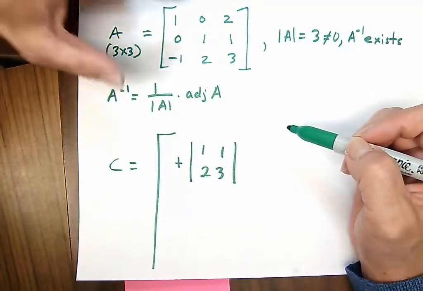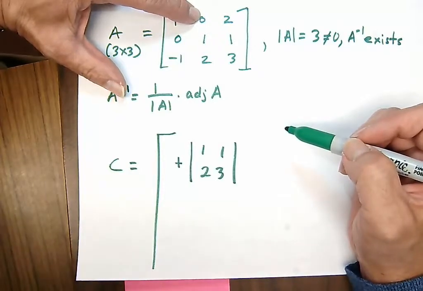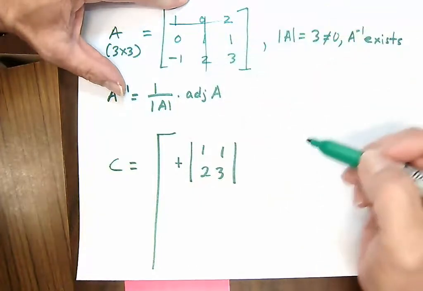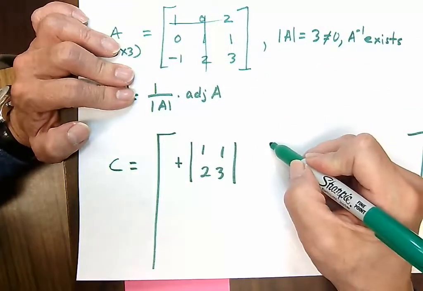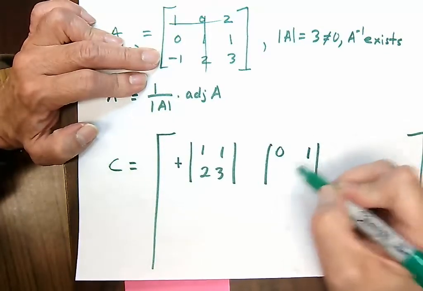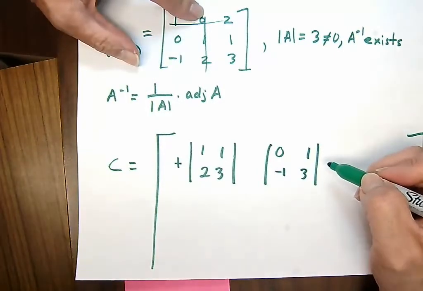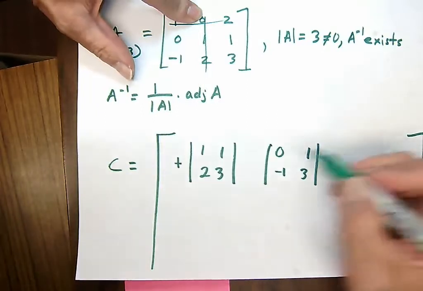How do we find the cofactor of element A12? We need the minor of element A12, which is going to be a subdeterminant after we delete the row and column containing that element. So the subdeterminant will contain the elements 0, 1, -1, and 3. 1 plus 2 is 3, which is odd.